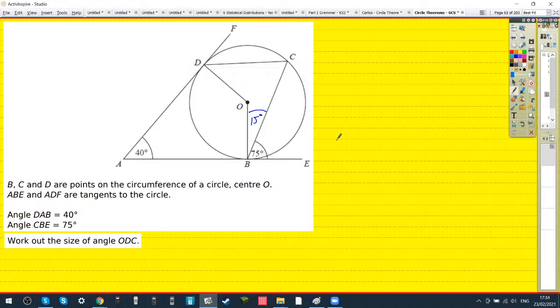Okay. I think you can get O. Oh, yeah. So O should be 140. Yeah. So that's 140.